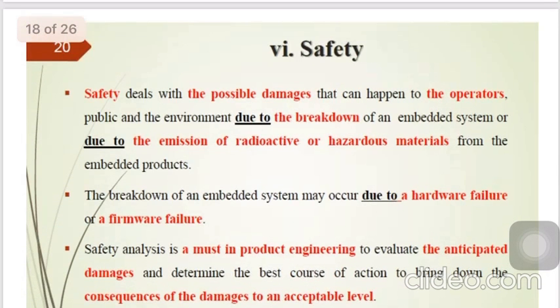For some kind of industrial embedded product, the safety issues of the operators and even the environment have to be taken care of. Some embedded systems are designed to work in a harsh environment, so some safety measures have to be followed by the operator, so that he can safely use that particular embedded system.